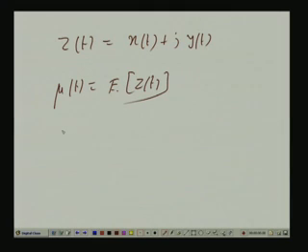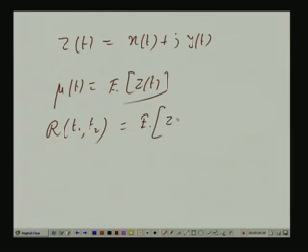But how about R t1 t2? Here you take Zt1 into Z star t2. Why does this star come? Because we all know that when t1 and t2 are the same, this should give rise to the expected power.